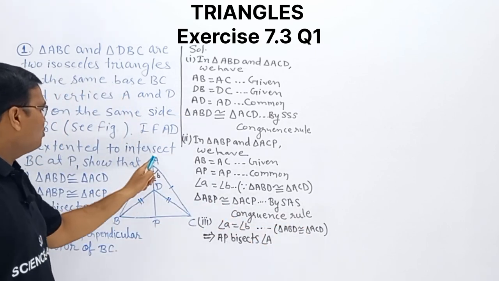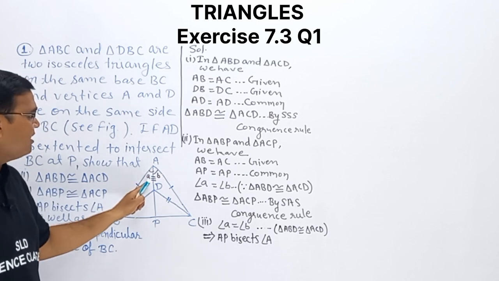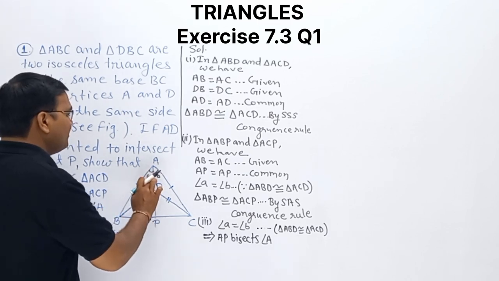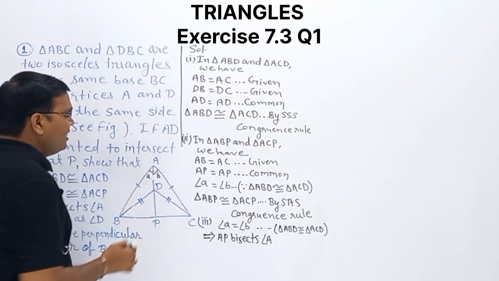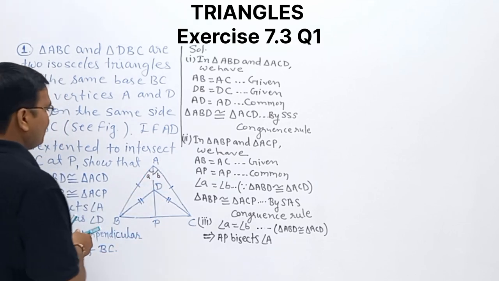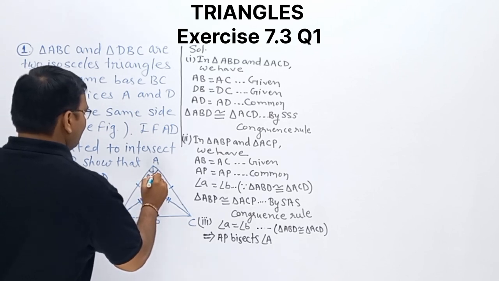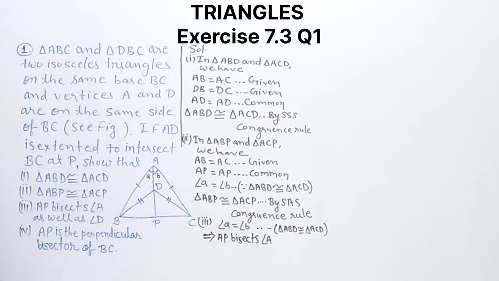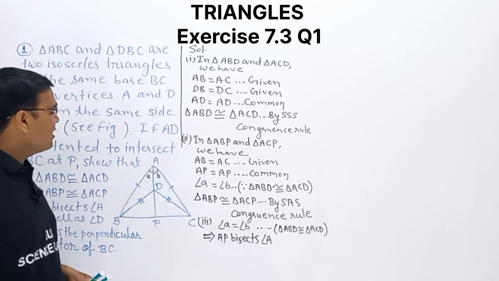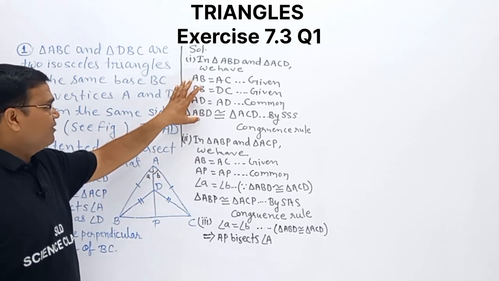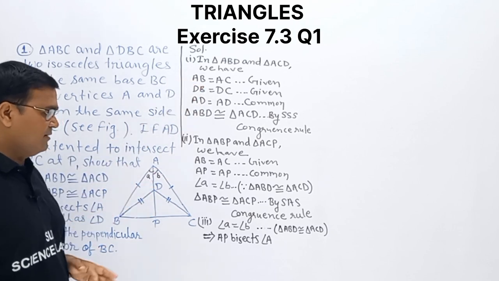This triangle is congruent to this one, so angle A equals angle B. Why? Because these two triangles are congruent. In the first question we completed this.